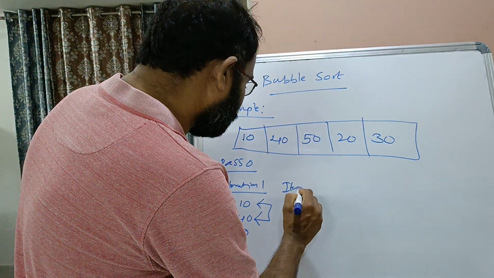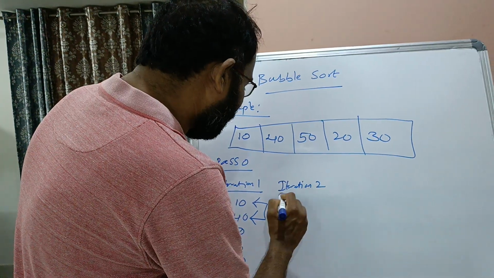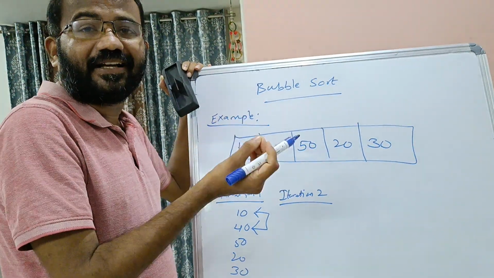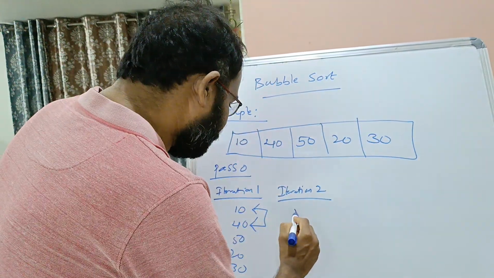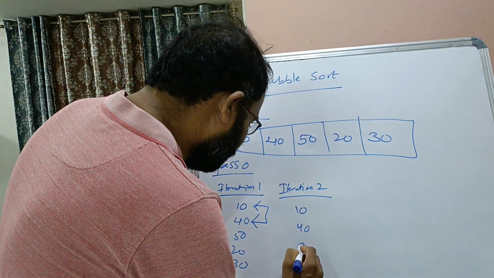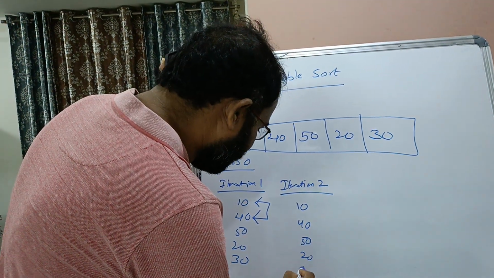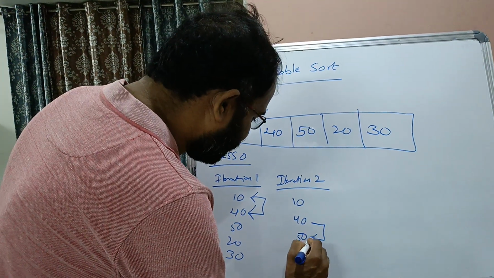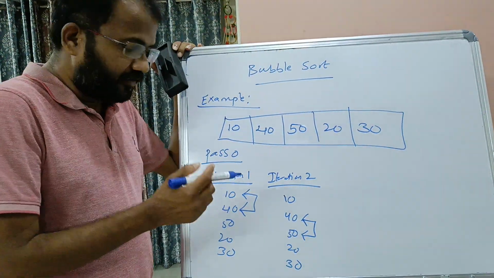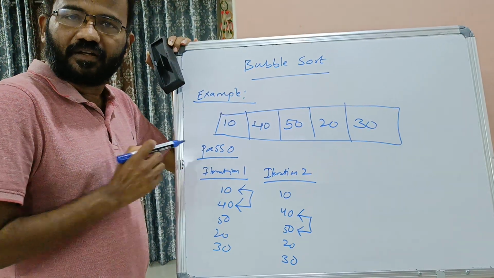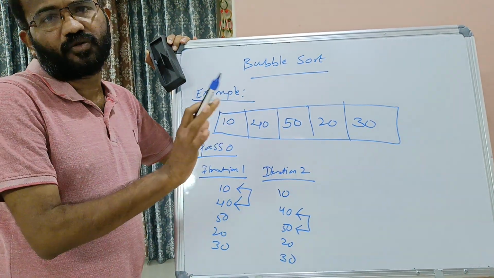Now iteration 2. What happened in iteration 2? The second element and third element are compared: 40 and 50. Again 40 is least compared with 50, so there is no need of swapping.